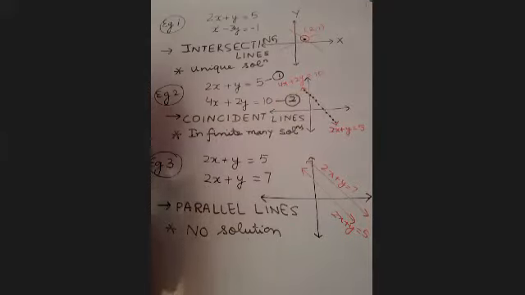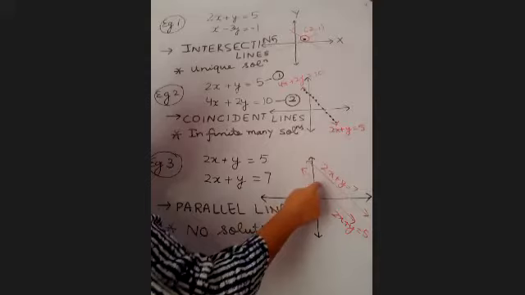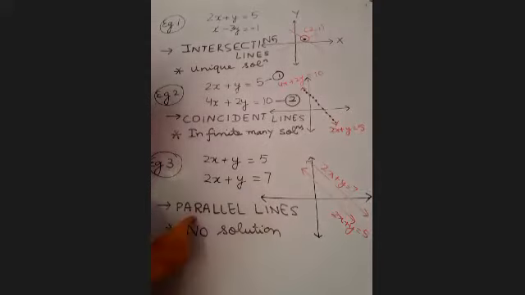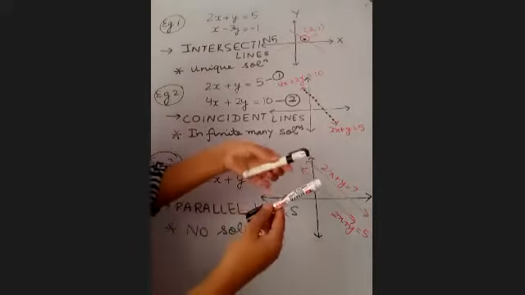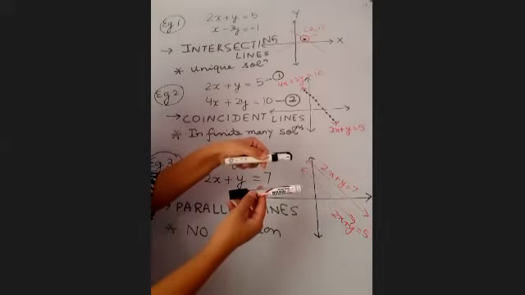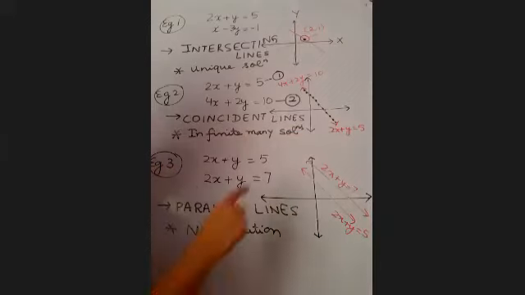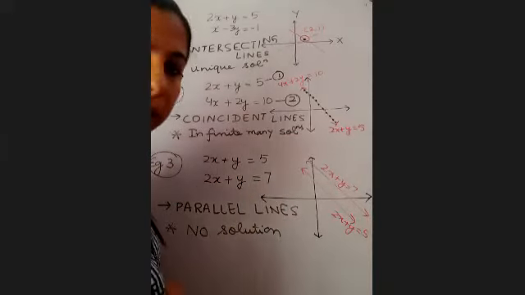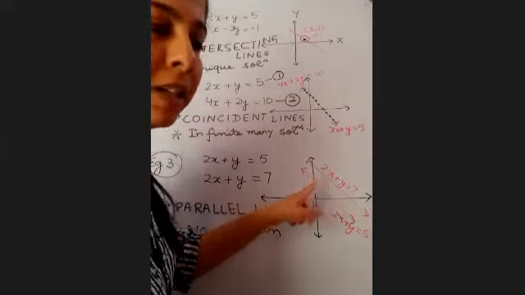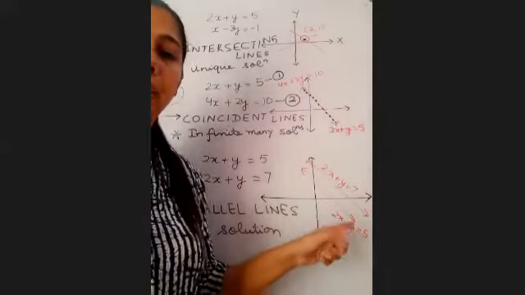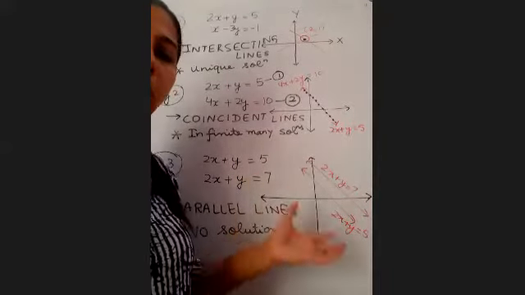And in the third case, children, we found that we are getting two parallel lines. Parallel lines means like this, and they are never going to meet. No matter how long you proceed in any direction, they are never ever going to meet. And when they are not going to meet, that means they will not be intersecting. No intersection means no point in common.